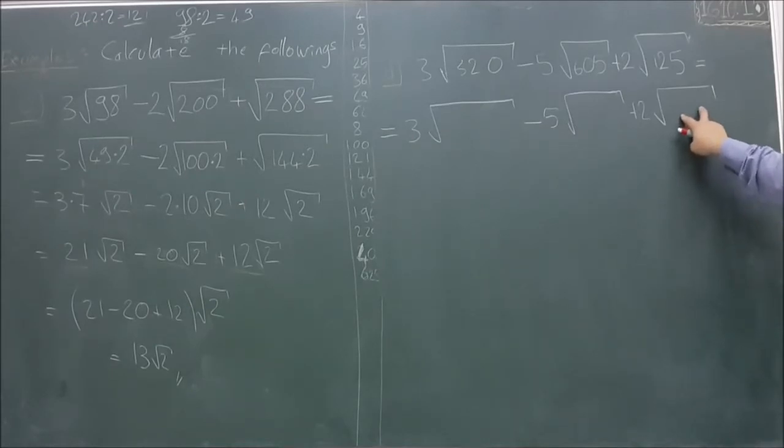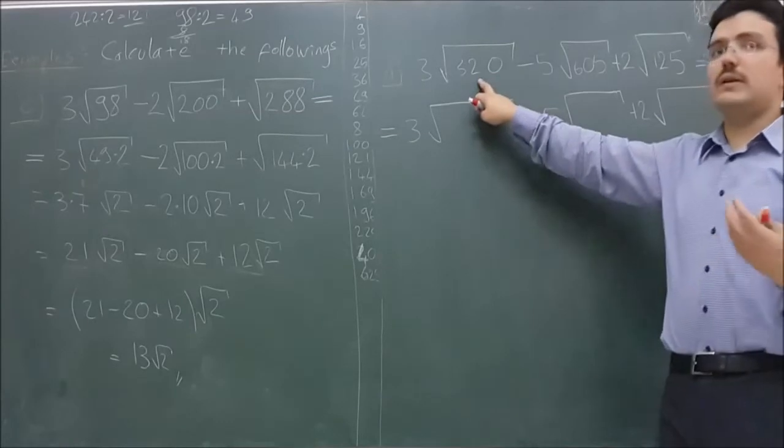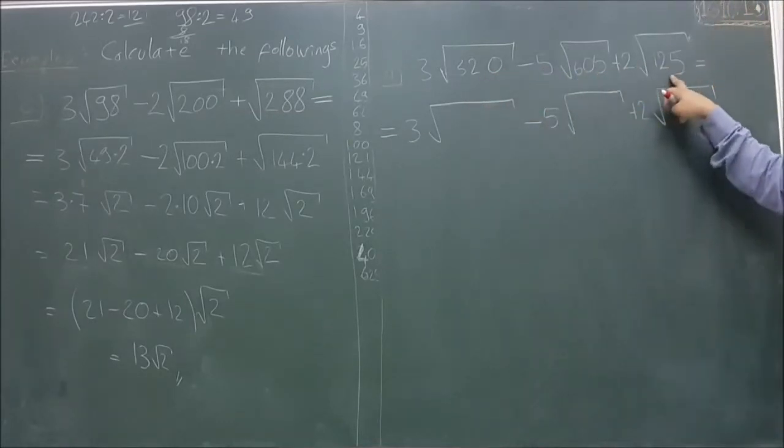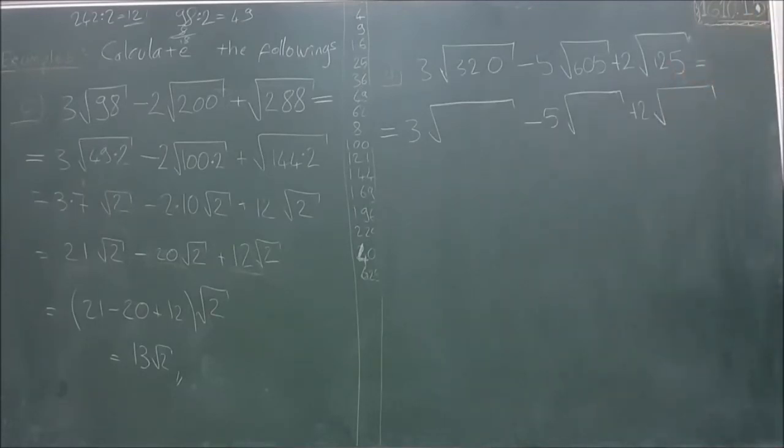Okay? We look at 320, a big number, 605, a big number, and 125 is smaller than the others. 125 is my goal.